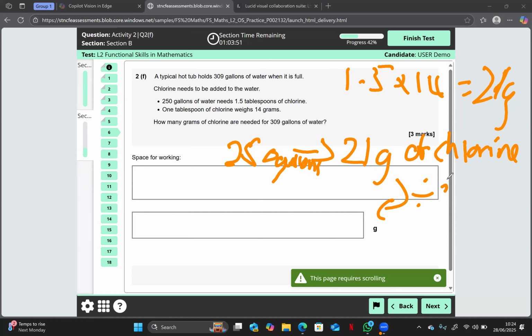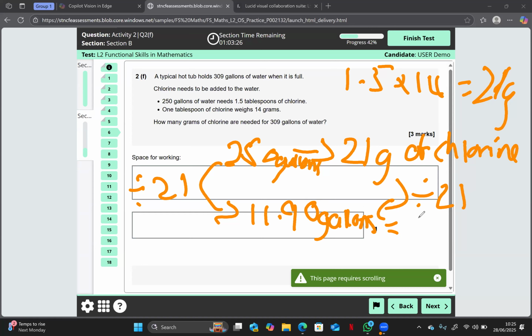All we do is divide by 21. So 250 divided by 21 equals 11.90 gallons will require 1 gram of chlorine.